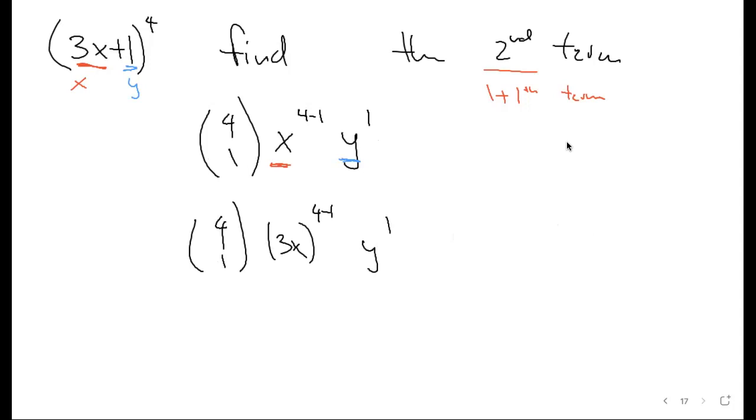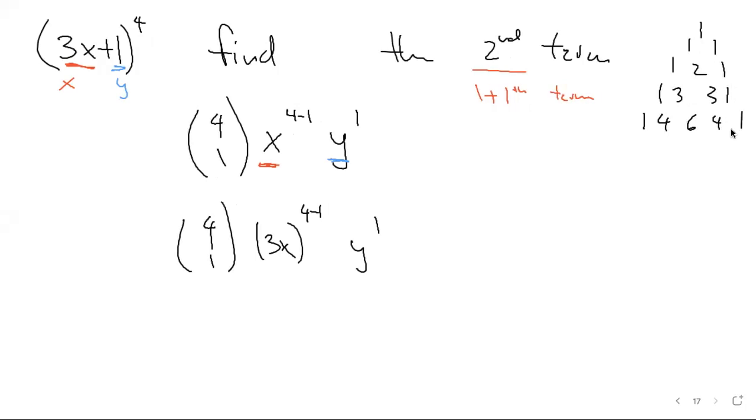Okay, so 4 choose 1 is, if you were to do it out on this triangle here, that's going to be 4. 3x to the 3 is 27x cubed, y to the 1. 4 times 27 is, let's see, 80 plus 28, which is 108.